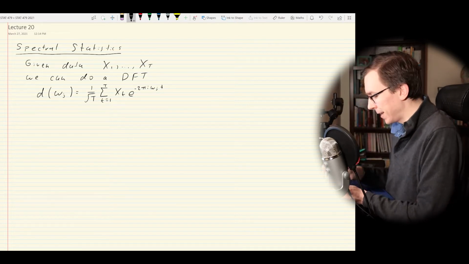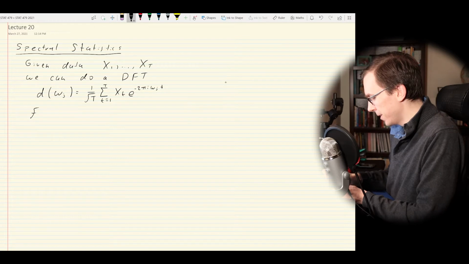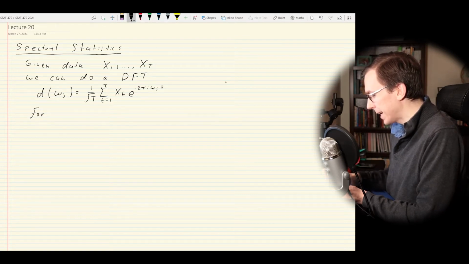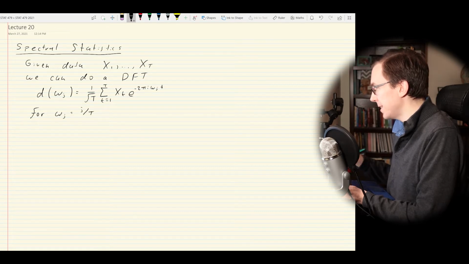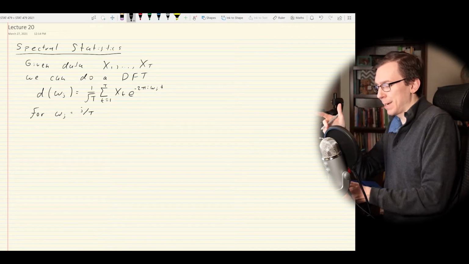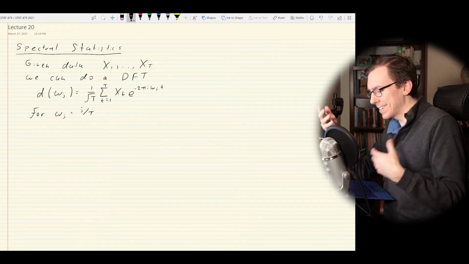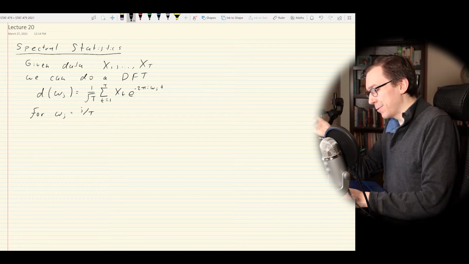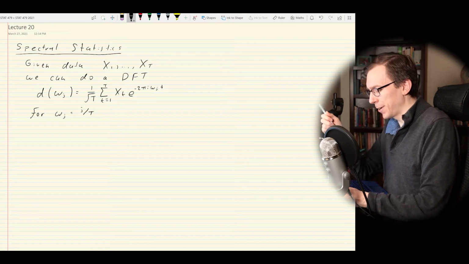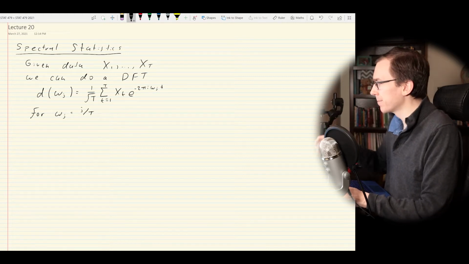All right, so that's our discrete Fourier transform. We've seen that before, and this is for omega_j being j divided by capital T. So these are all the different frequencies that we can, in some sense, try to detect in our data. If we have T data points, the bigger T is, basically the finer partitioned the frequencies are.